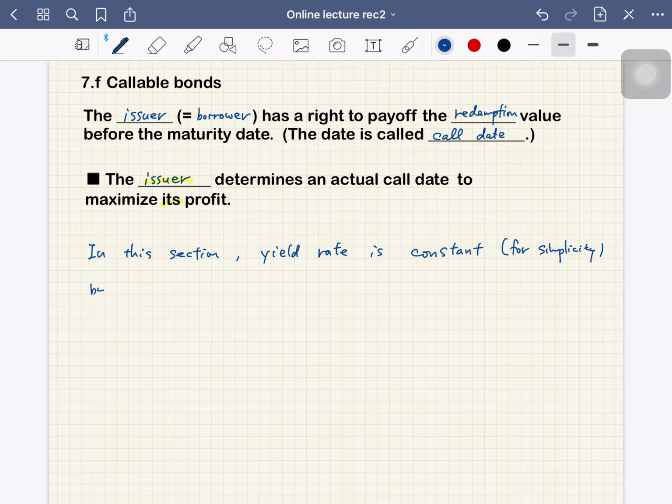But in reality, the change in yield rate affects when the issuer calls the bond.